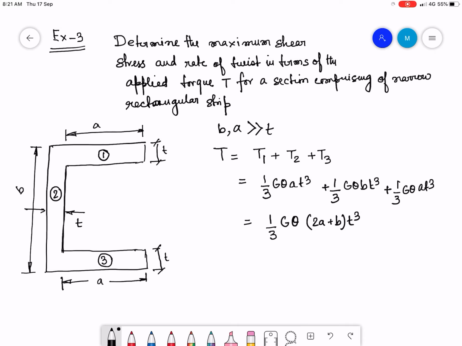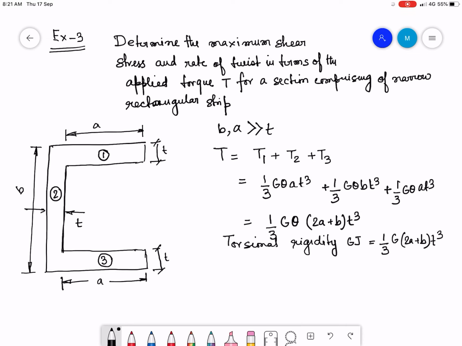And therefore, the torsional rigidity can be written as follows. Okay, so this is the torsional rigidity.